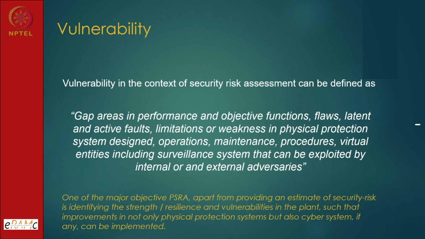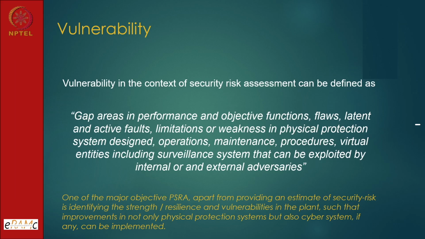Now, what is vulnerability? If I have to define it, a simple definition is the gap area between performance and the objective function. The objective function is to keep the security level equal to 1. That means perfect.